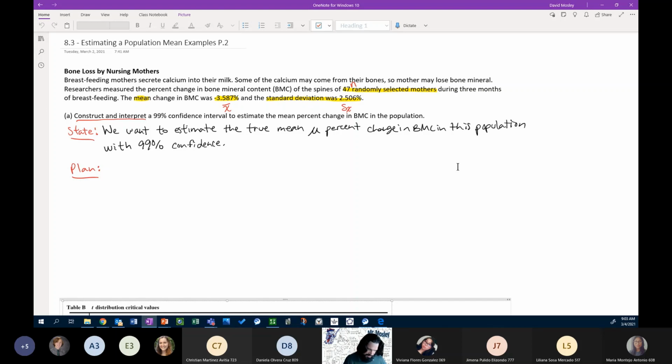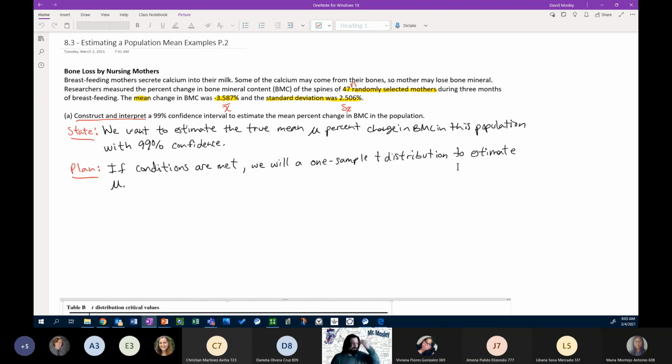Then we move to our planning phase. If conditions are met, we will use a 1 sample t distribution to estimate mu.